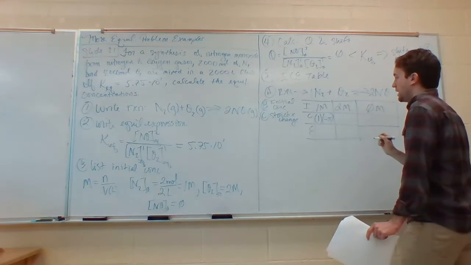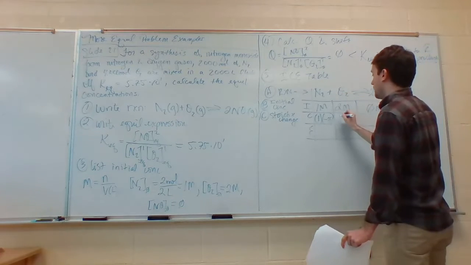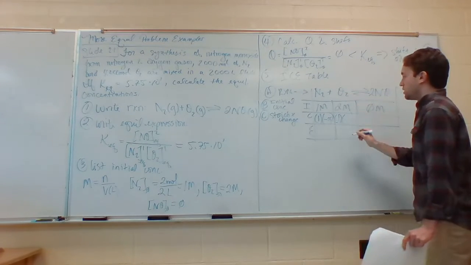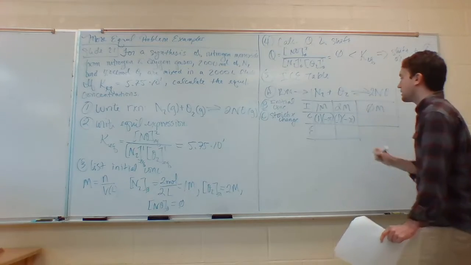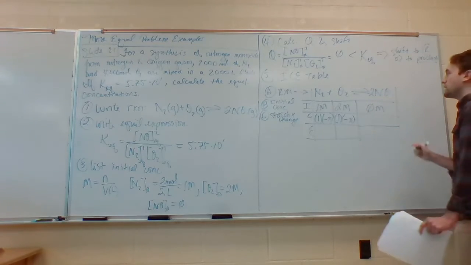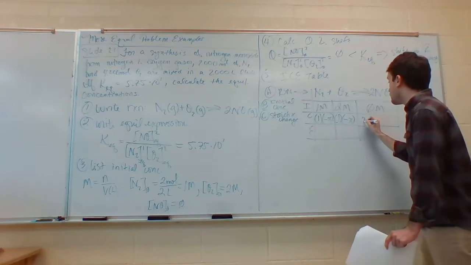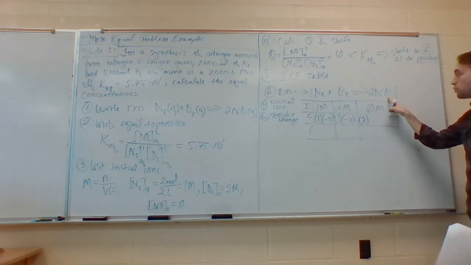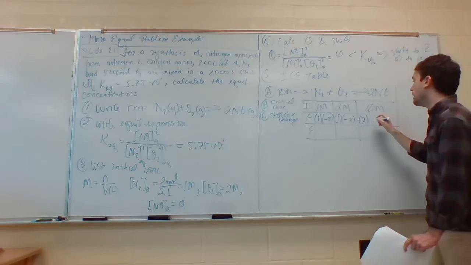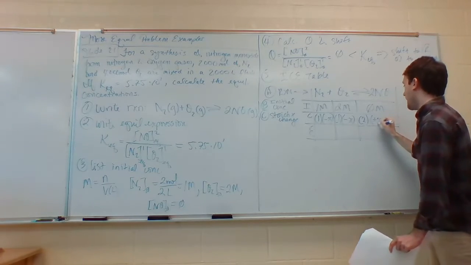So it's 1 times negative x. For O2, we have our stoichiometric coefficient 1. It's a reactant, negative x. Okay, so it's 1 times negative x. Over here, our stoichiometric coefficient is 2. So we have 2. And since it is a product, it's on the right side of that arrow, it gets a plus x.